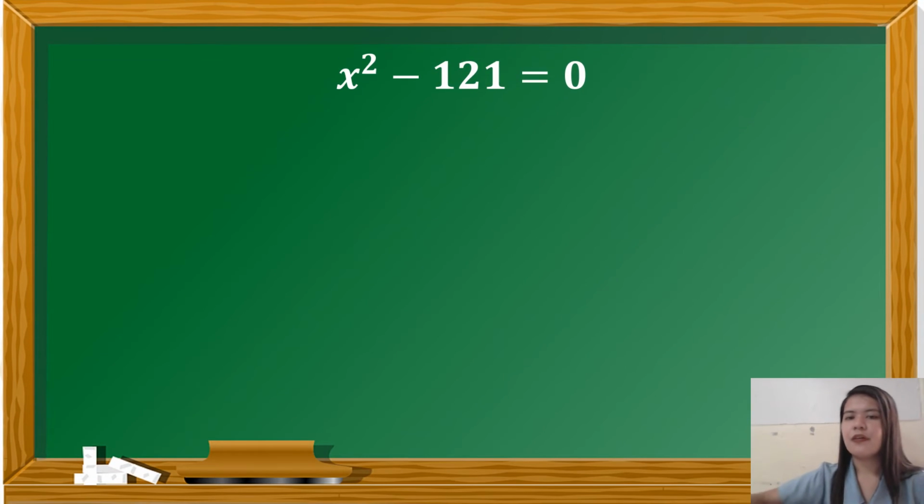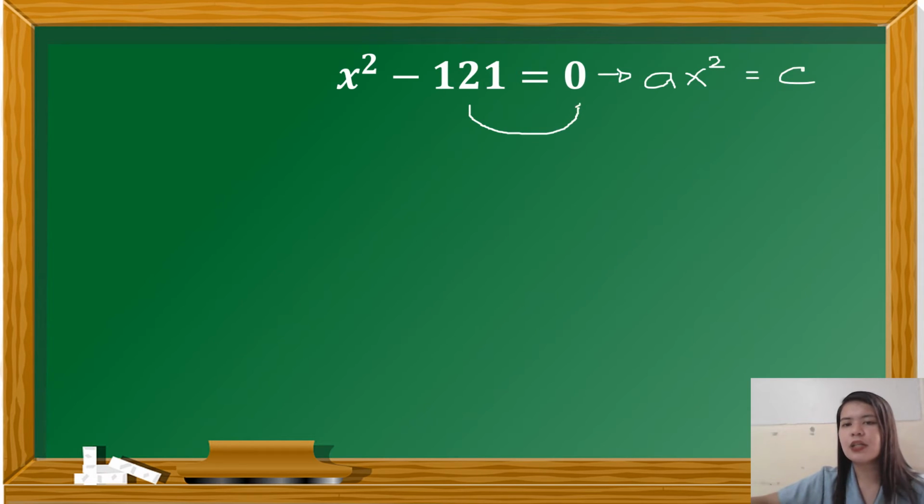For our next example, we have x squared minus 121 is equal to 0. So we have to write this in the form ax squared is equal to c. So we have to move negative 121 to the other side of the equation. So we have x squared is equal to 121.